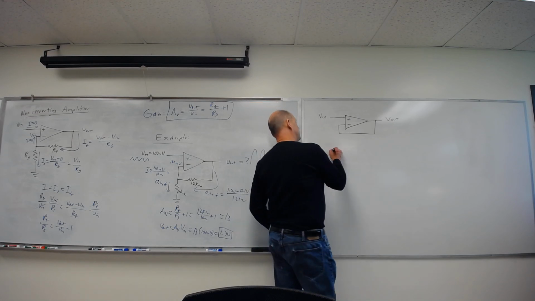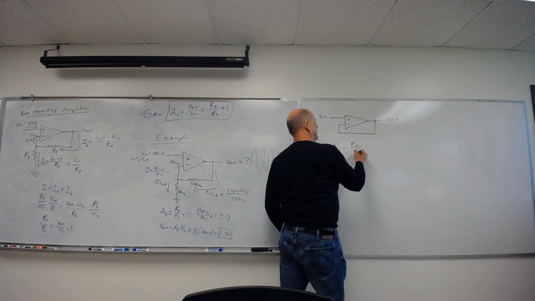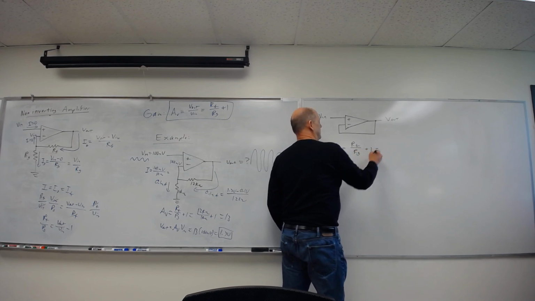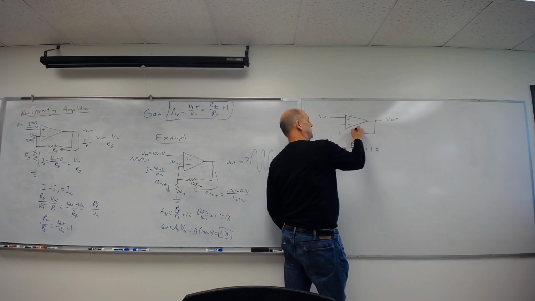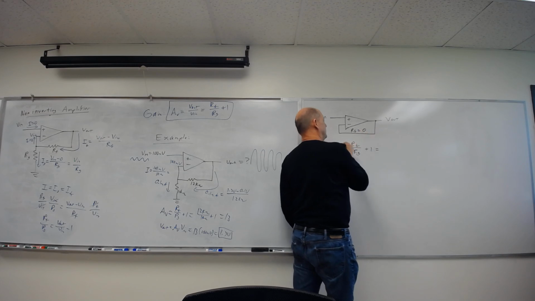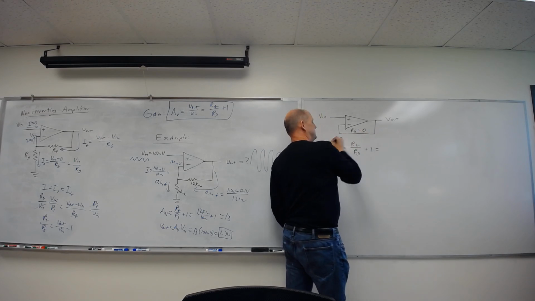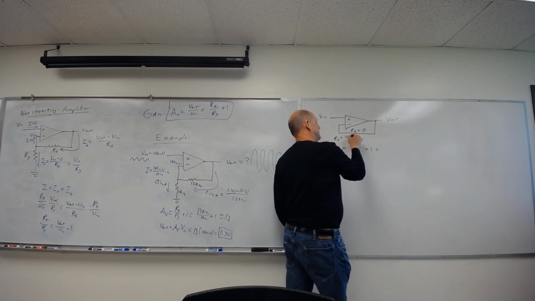What would the gain be? What's my feedback resistor? 0. It's a straight wire. What's my ground resistor? Doesn't exist.